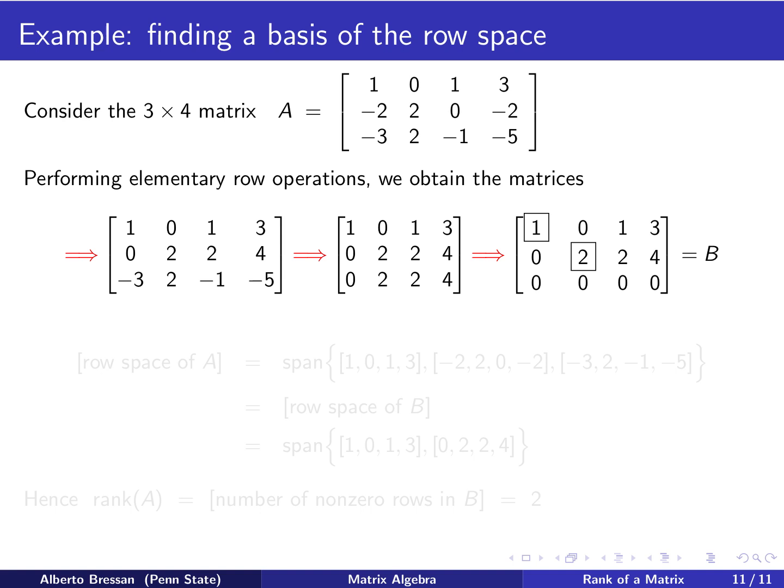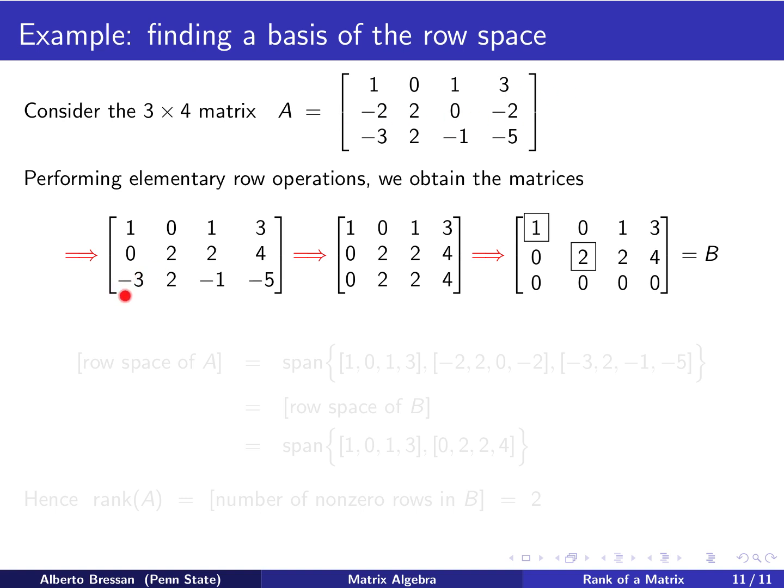Okay, so let's take an example of that. Consider a matrix A, 3 by 4, which looks like this. Then we can perform these elementary row operations, which we'll go through very briefly. You first make this element 0 by multiplying it by 2 and adding on top.